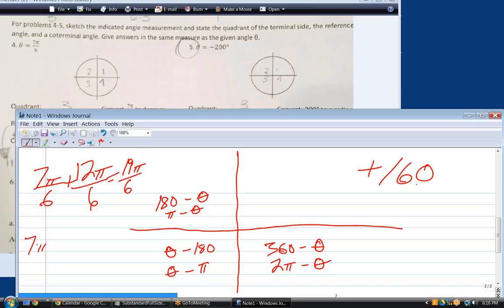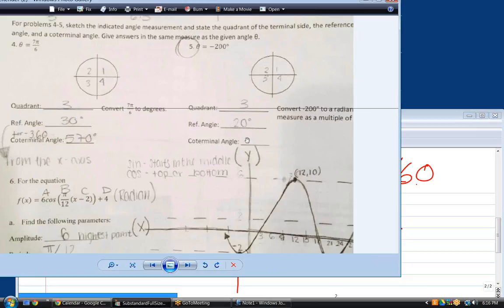Also, 7 pi over 6 minus 2 pi gives you minus 5 pi over 6, another coterminal angle. So adding or subtracting 2 pi, or 360 degrees if you're in degrees, gives you the coterminal angle.